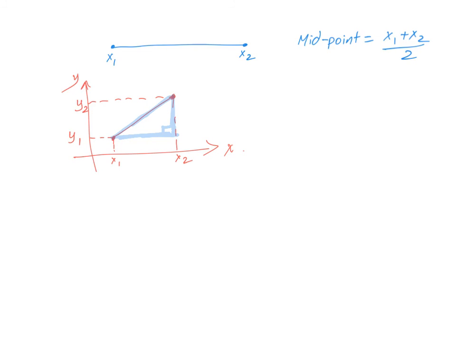And then we'll take the midpoint of these values. So what's the average of this? We'll just use what we learned earlier. So we get x1 plus x2 over 2. And then what's the average of this? That is y1 plus y2 over 2. So this point where they meet is our midpoint.